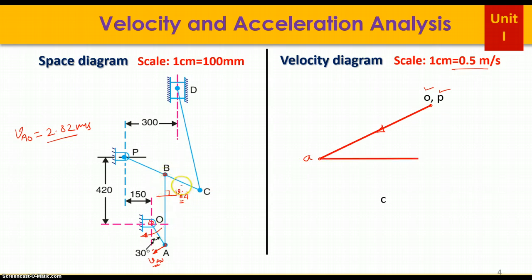We will not get any point yet. But again, the velocity of B with respect to P is perpendicular to PB. We don't know the magnitude, but we know the direction. P is a fixed point here, already marked. So from this point P, draw a line perpendicular to PB. The intersecting point is B. So here you get B.